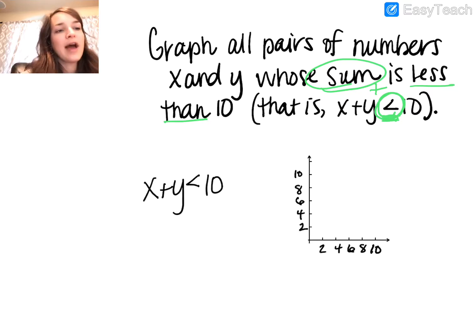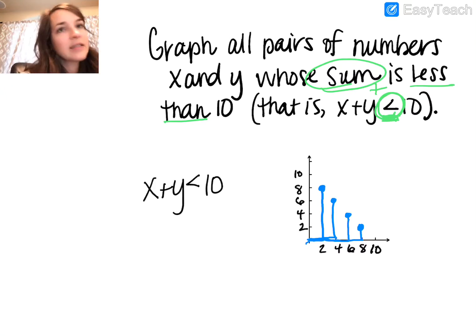Well, I know that 2 plus 8 is 10, so that's going to make a point right there. Then 4 plus 6 is 10, so that makes a point right there. 6 plus 4 is 10. 8 plus 2 is 10.